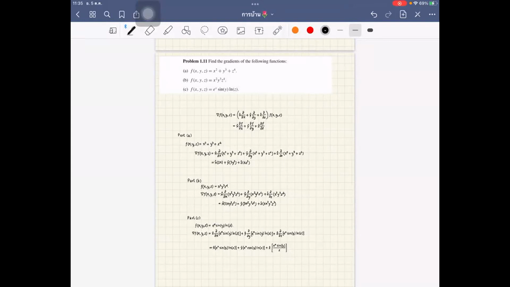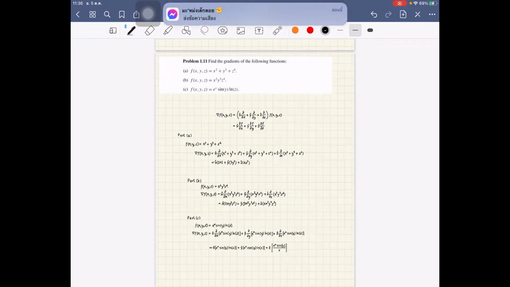And when we use the derivative for this function, we get 2 times x x-hat, minus 3 times y squared y-hat, and 4 times z to the power 3 z-hat.